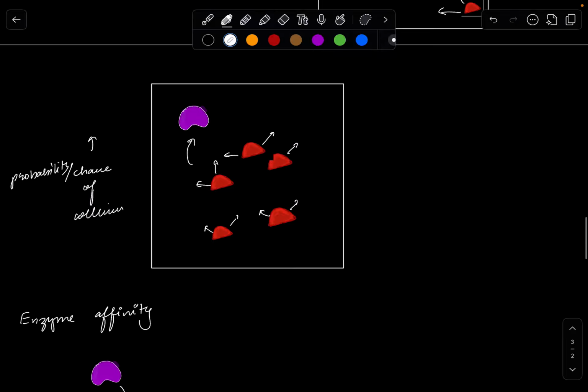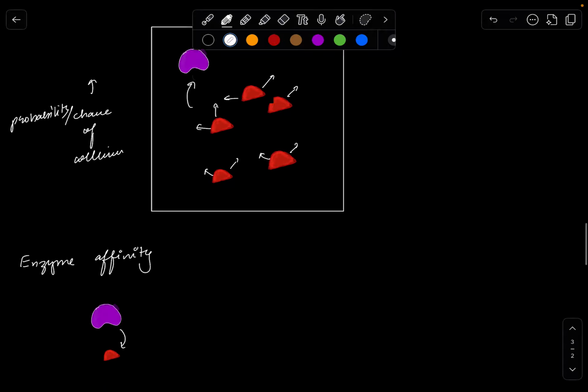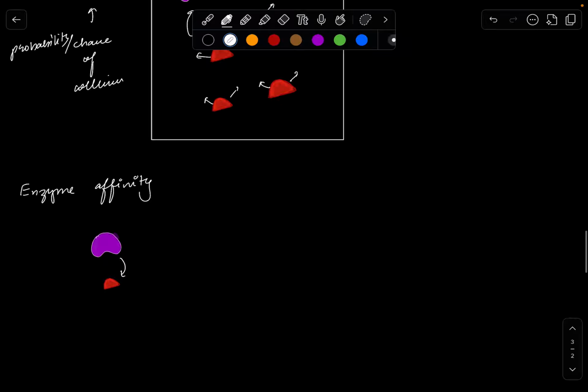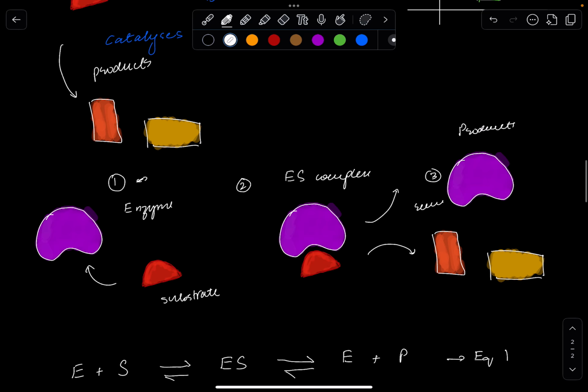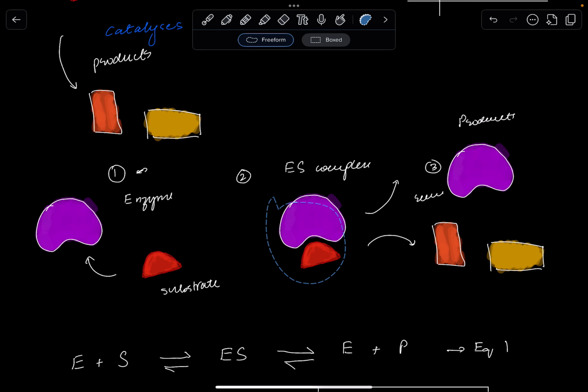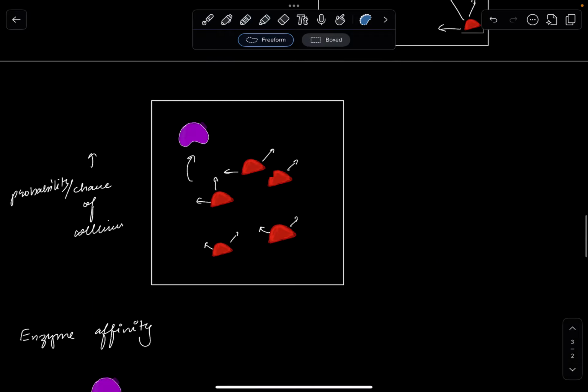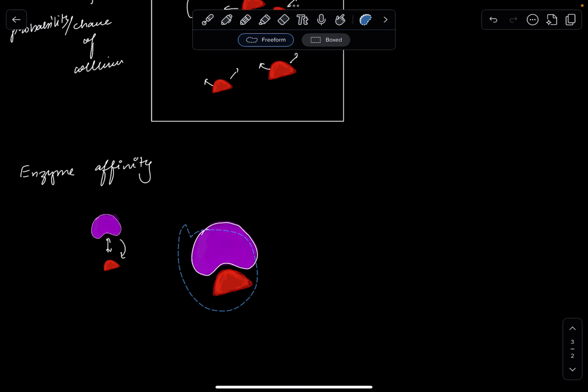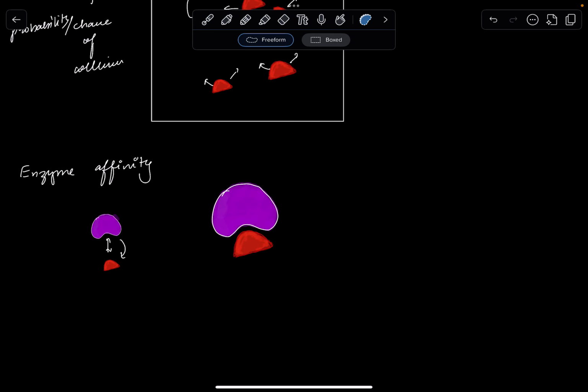Now, one is collision theory, right? What is the probability they're going to bump into each other? That's one. But then affinity deals with how likely is this bond to take place? How likely is it that we form the enzyme substrate complex? That's the next question that we ask ourselves, right? Can we go from this to this? And this then depends on what I just said.